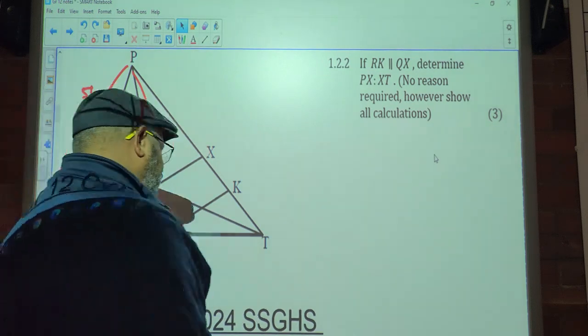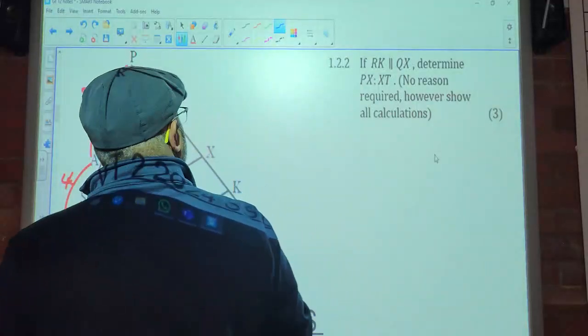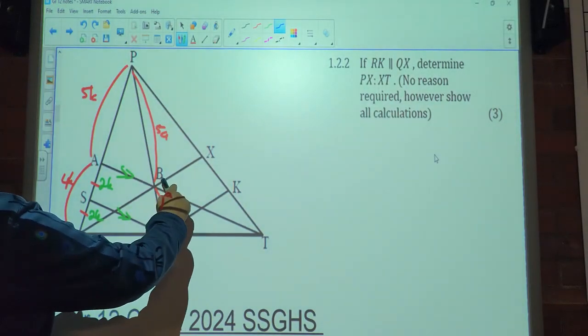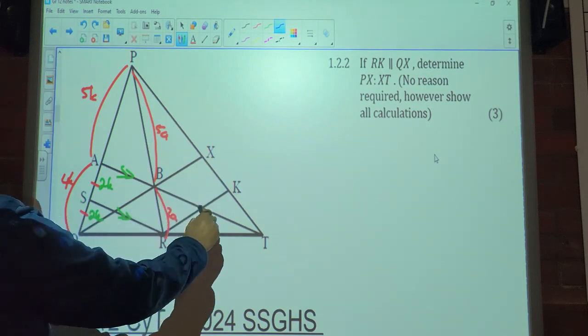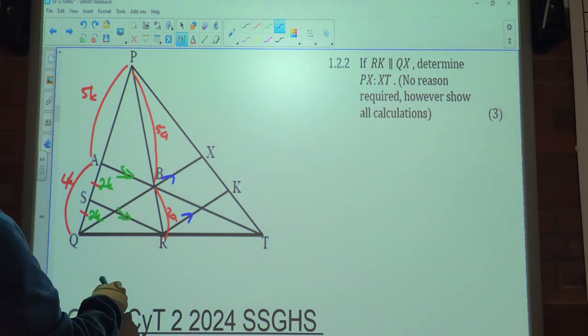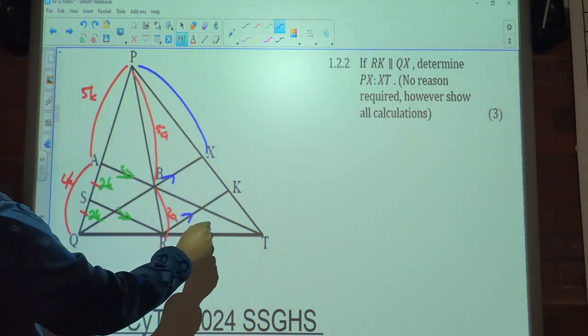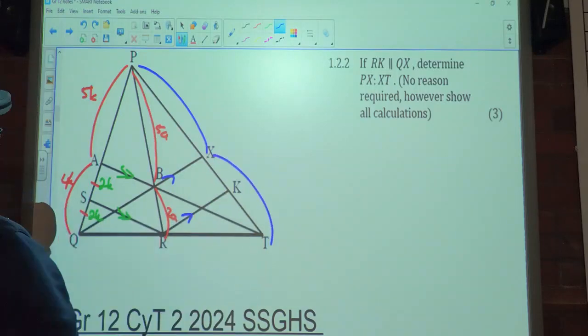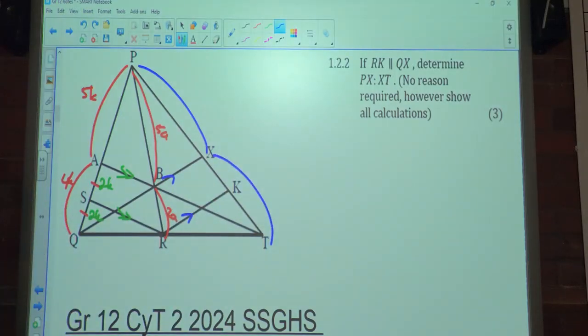So now we are told that if RK is parallel to QX, okay, determine PX is to QT. PX is to XT, not QT. Okay.